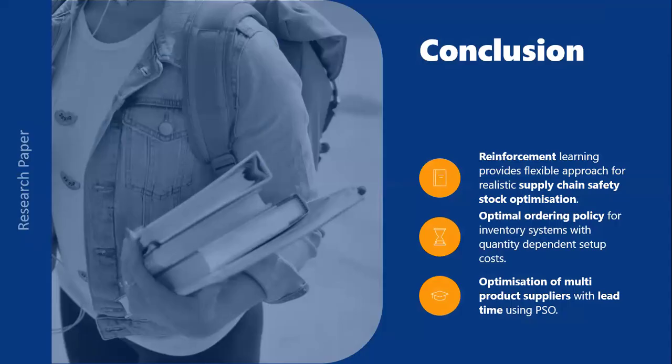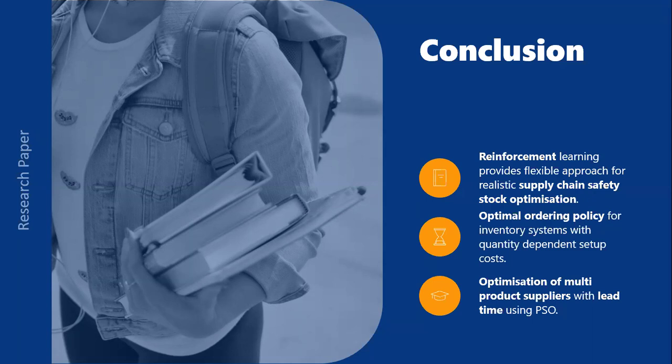Which I'll mention here, and that is the most important and concluding note to my presentation. It talks about the reinforcement of supply chain safety and stock optimization, first and foremost parameters of these bibliographic references.